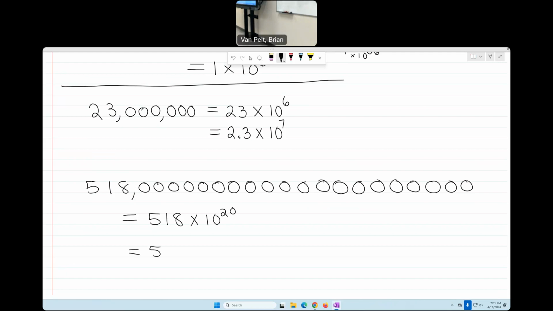So it is 5.18 times 10 to the 22nd. Why do you think it's 22 now? I moved the decimal 2 places, which is like multiplying by 10 to the 2nd power. So all these, when I give them to you, as long as you're in this mode, you're good.